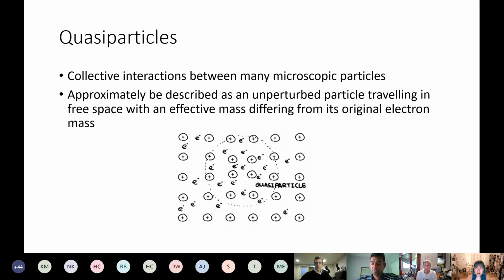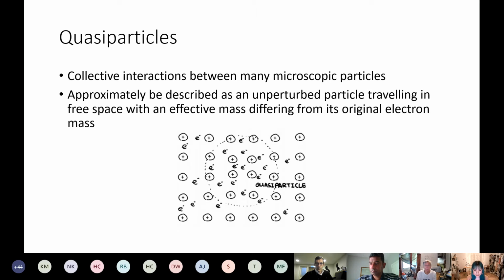You can't individually consider each atom or electron anymore, because you have all these obstacles for electrons to avoid, and there are positive charges which would attract electrons, and the electrons themselves will also repel each other.